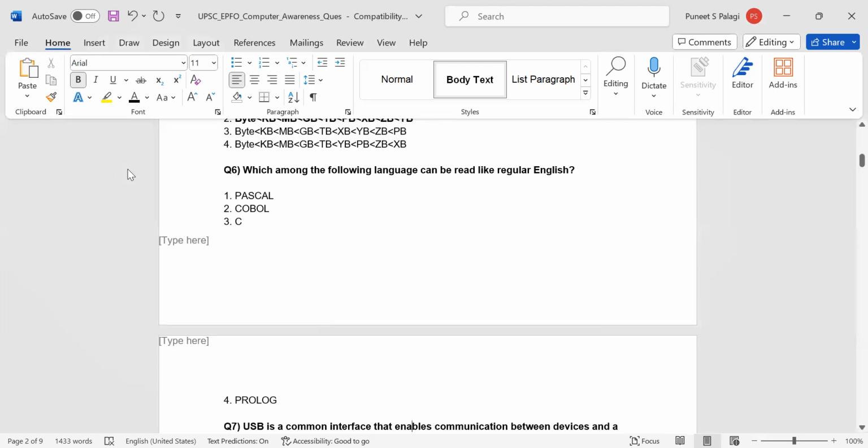Okay. So COBOL is the language that can be read like normal English because it has many words like we have in English. COBOL stands for Common Business Oriented Language. And in programming languages, there are different types.